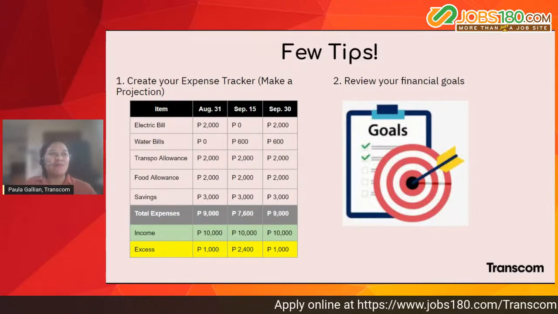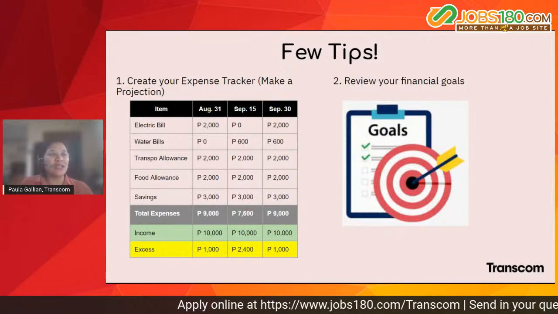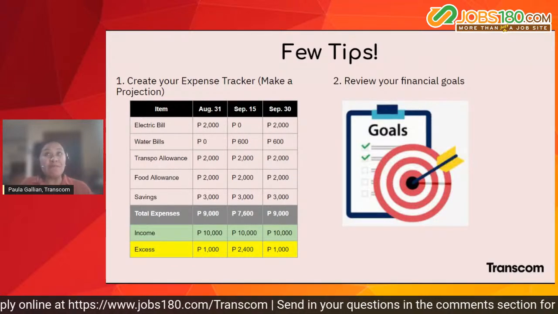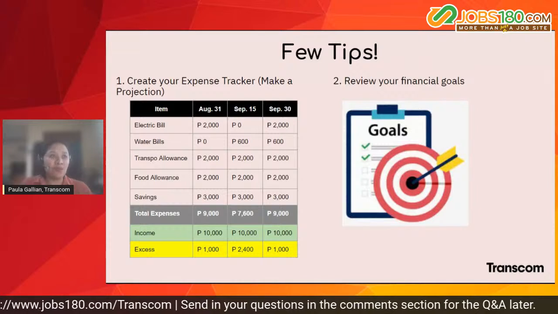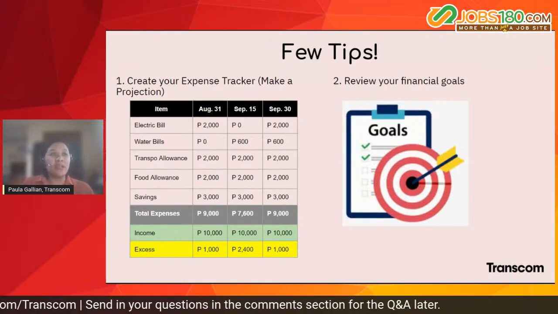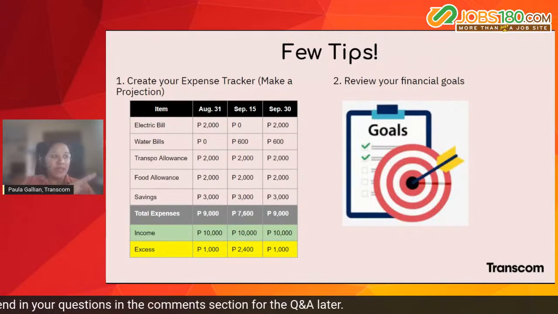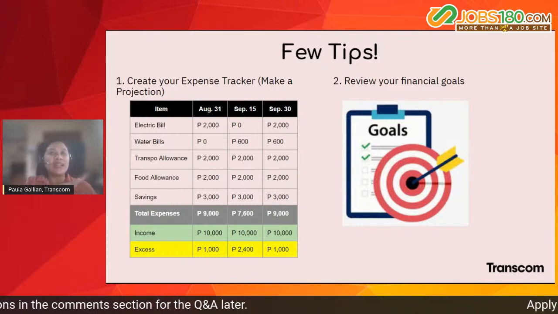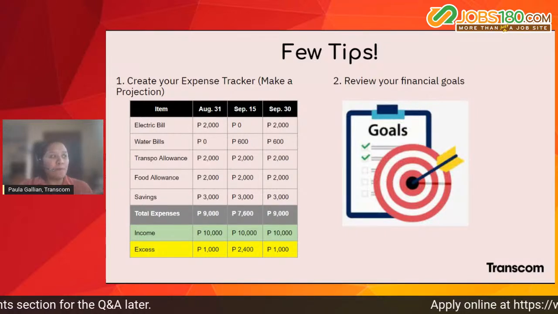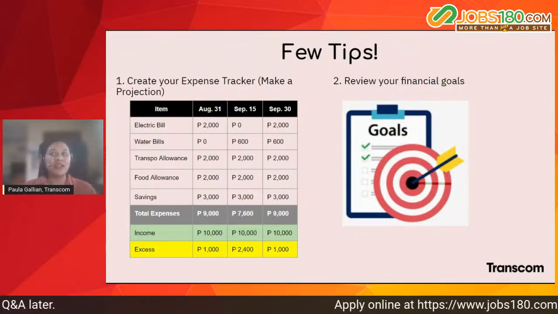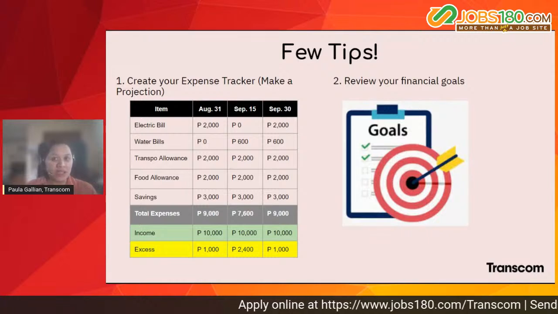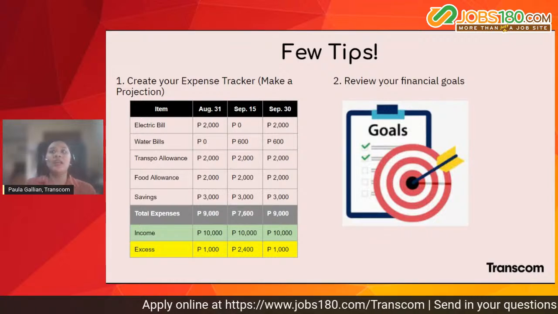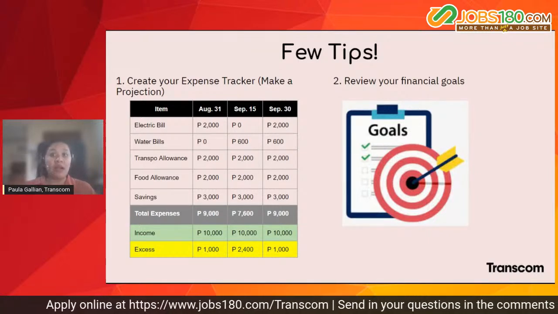And then another tip will be to review your financial goals. It's very important, everyone, to make sure that you are able to review every year. For example, may kita mo naman, nagtatali ba yung savings mo here at the end of the year? So for example, na-reach mo ba yung 70,000 by the end of the year, and the ones that are already there in your bank account?